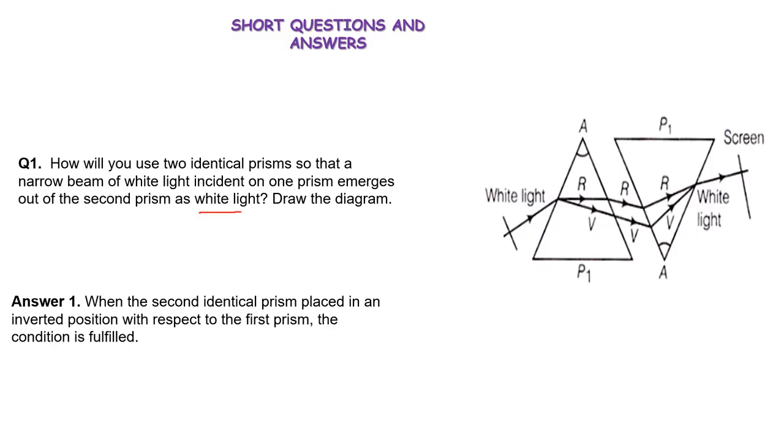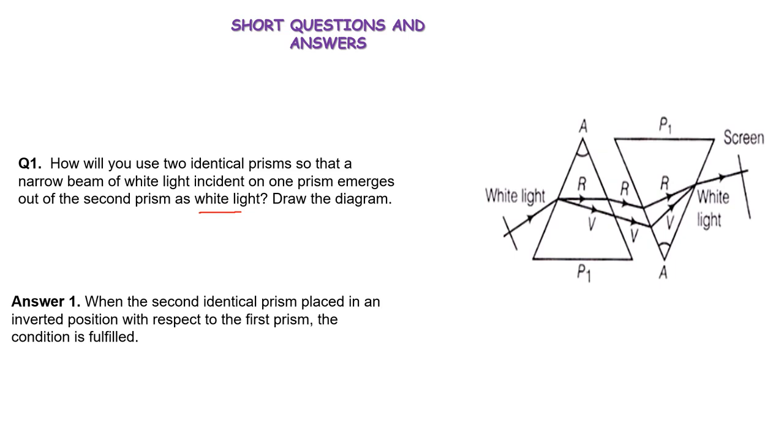So what he did, he put one prism as usual, and made a beam of white light strike the surface of the prism. Due to refraction, the white light bends towards the normal, right? You can draw the normal right here. And he got 7 different colors, which are the components of white light.